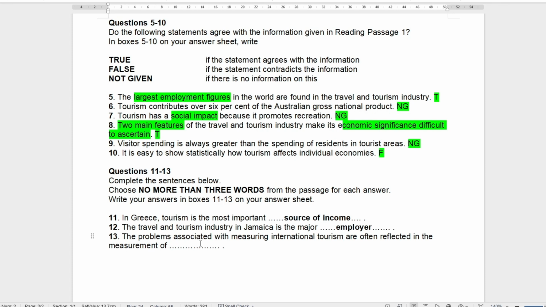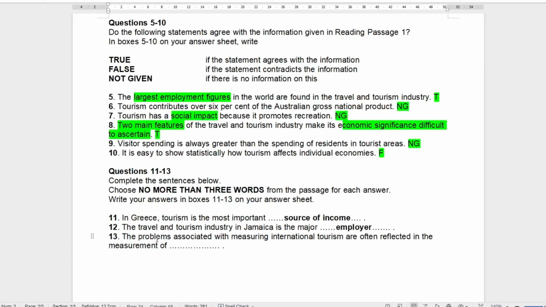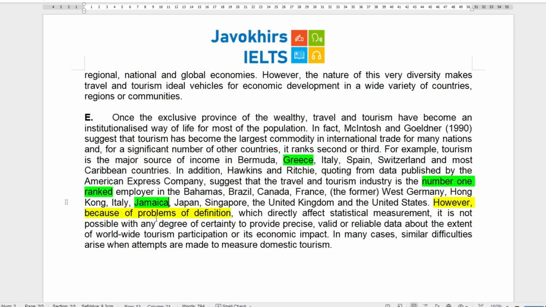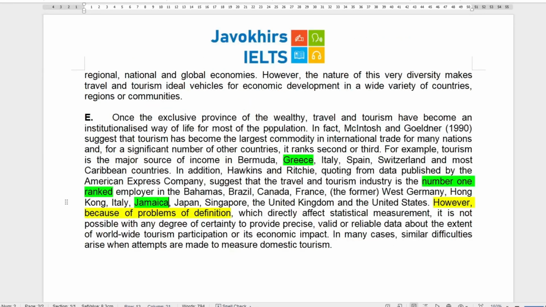The problems connected with measuring international tourism are often reflected in the measurement of what? Saying, however, because of the problems of definition, the problems associated with measuring international tourism are often reflected in the measurement of.